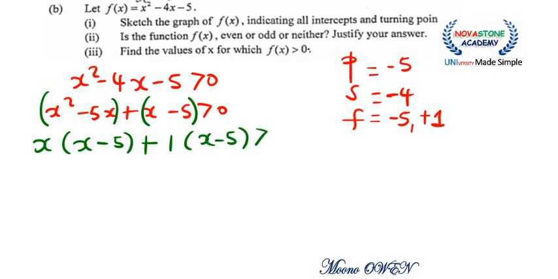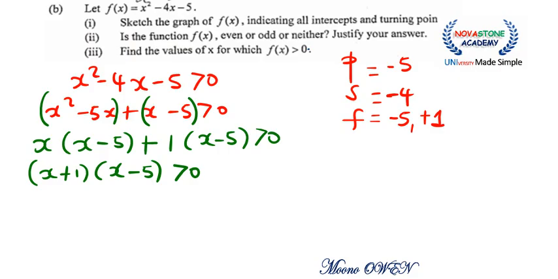This is greater than 0. Since x minus 5 is common, I'm just going to take one of them, then put x and 1 together. So I'm going to have x plus 1 and x minus 5 greater than 0.